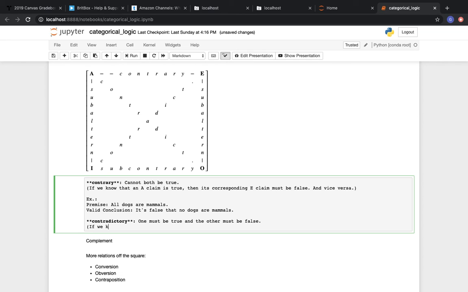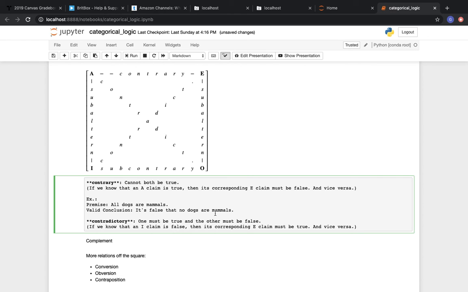So for example, if we know that an I claim is false, then its corresponding E claim must be true, and vice versa. If we knew that an E claim was false, then its corresponding I claim would have to be true.